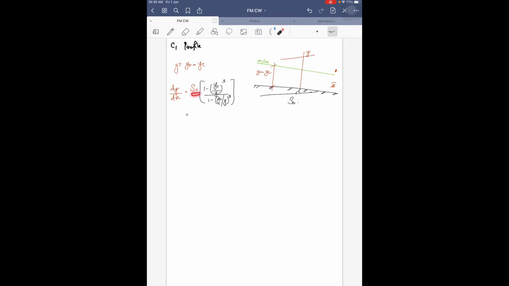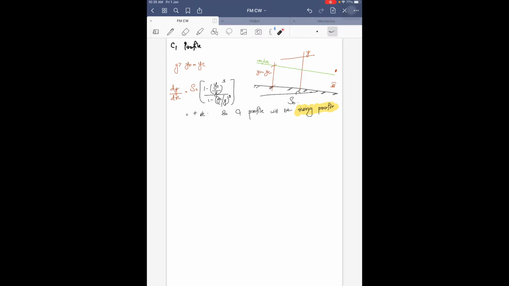So dy by dx will be a positive value. So C1 profile will be a rising profile.